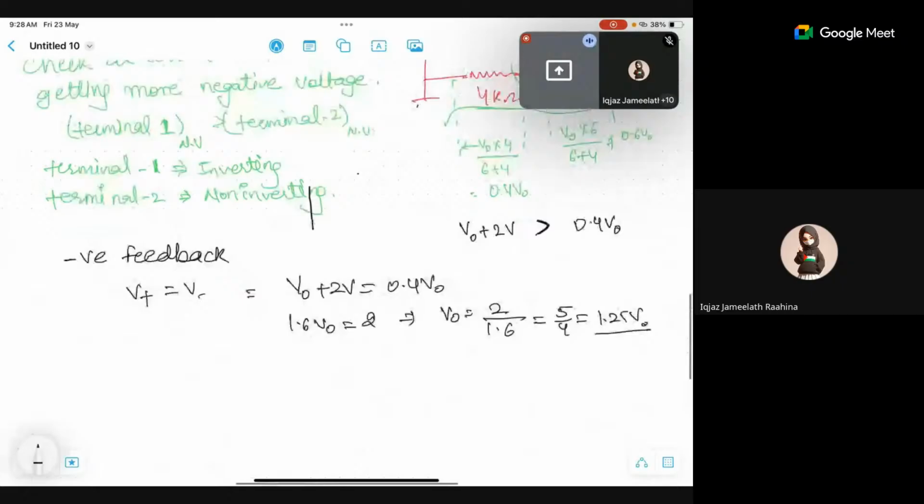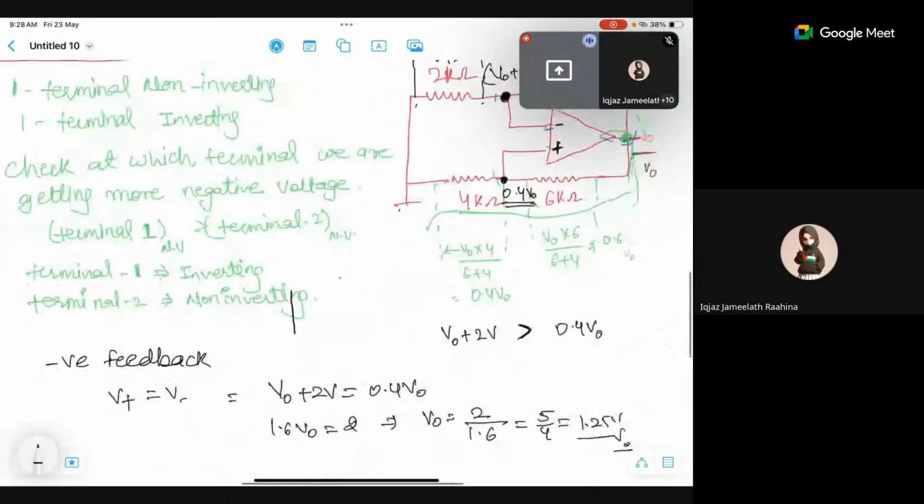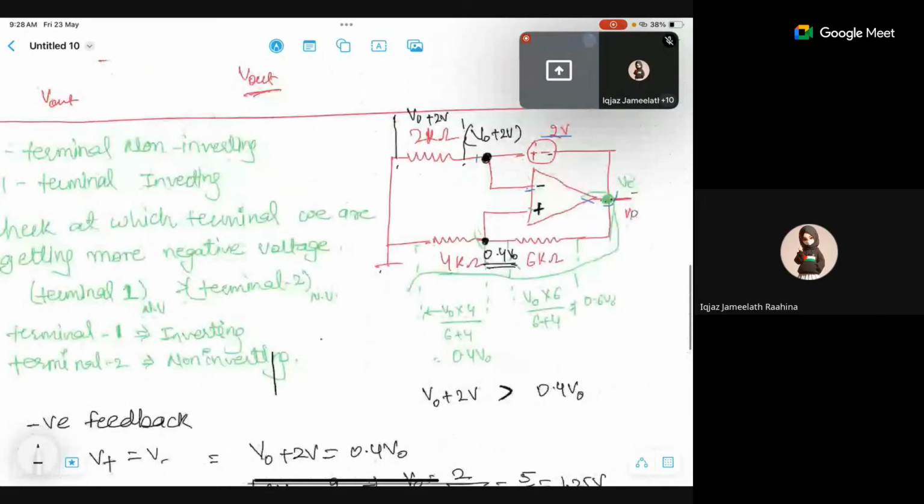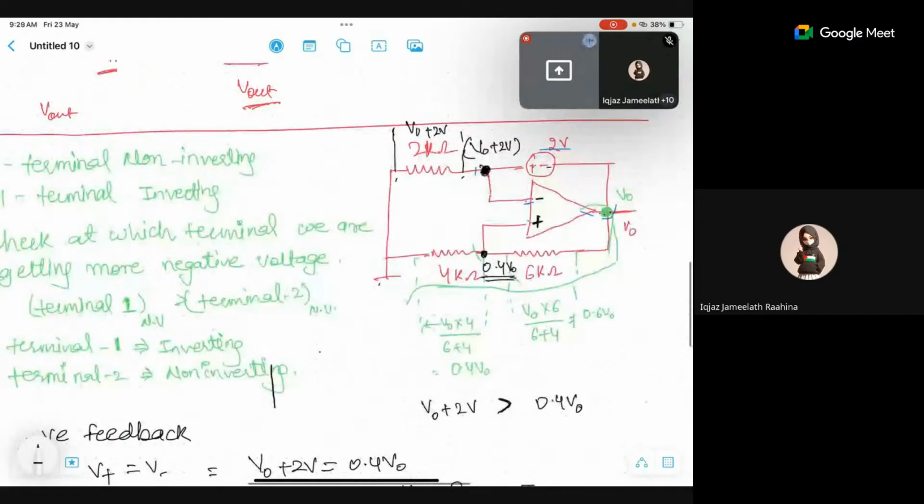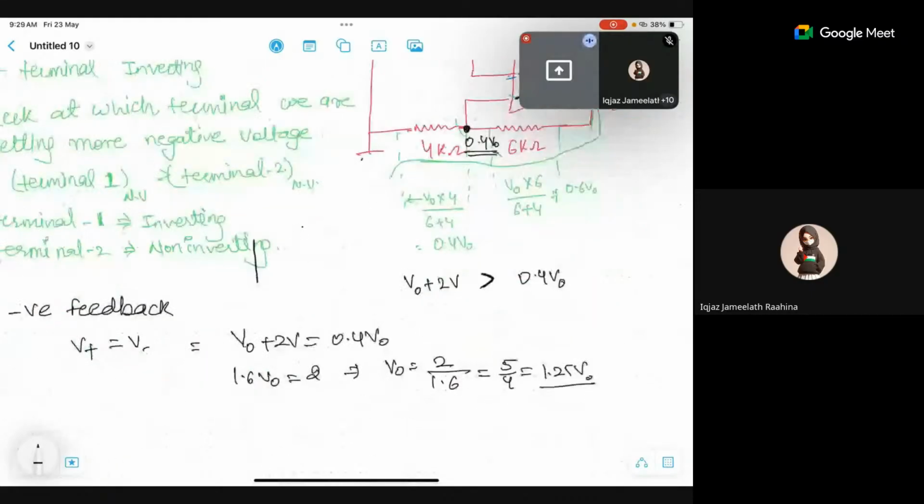So in this way we identify the terminals. Now we have the voltages at these two points, and we can equate them because we are using negative feedback. In negative feedback, the positive terminal voltage is equal to the negative terminal voltage.